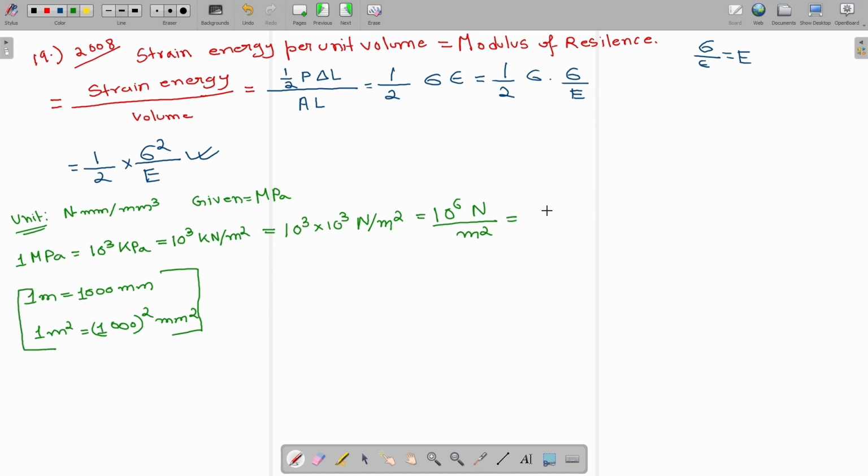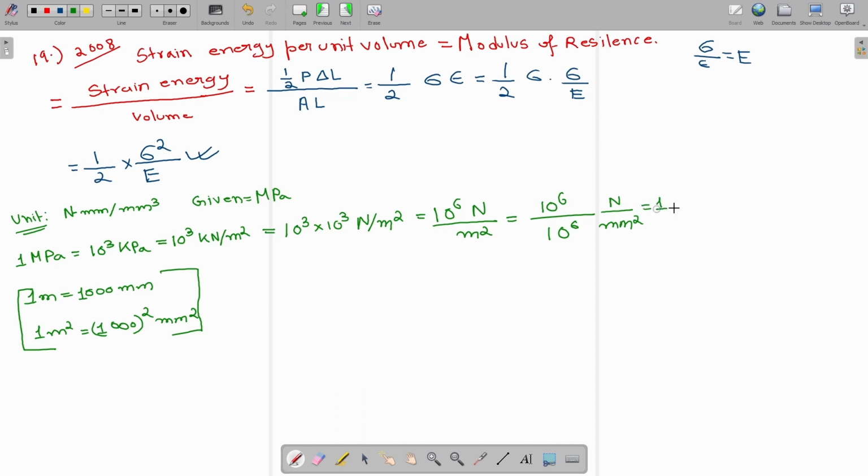Therefore, we can write it as 10 to the power 6 divided by 10 to the power 6, as 10 to the power 3 into 2 is 6, Newton per millimeter square.